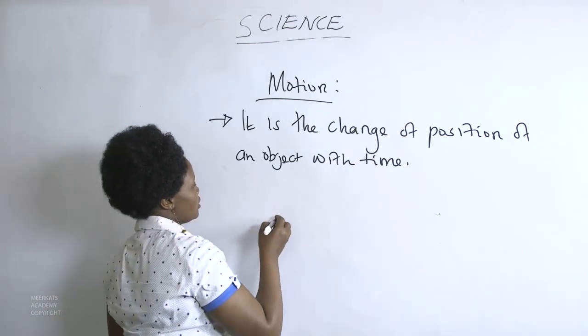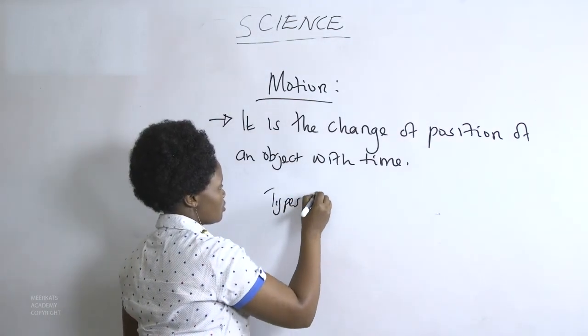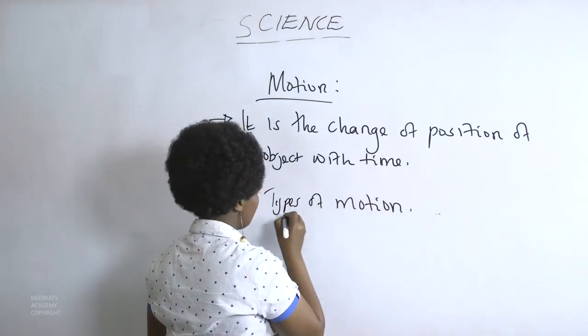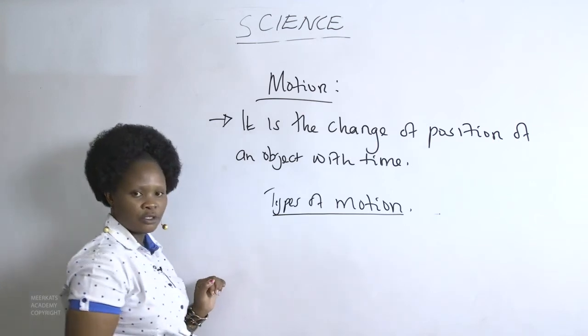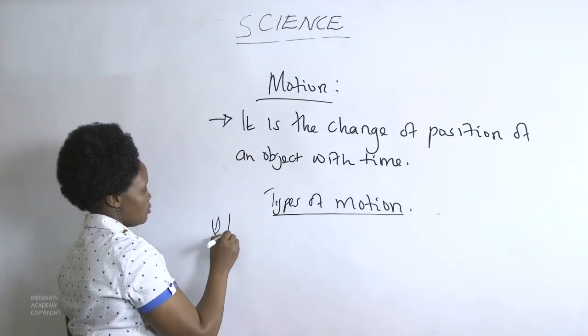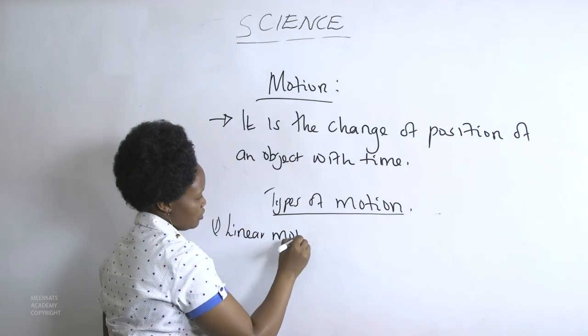Now let us look at types of motion. Number one, we have what we call linear motion.